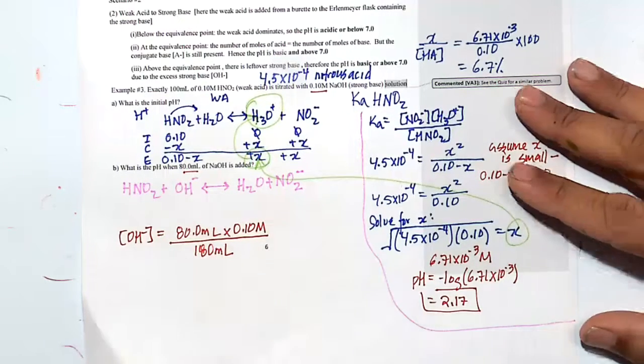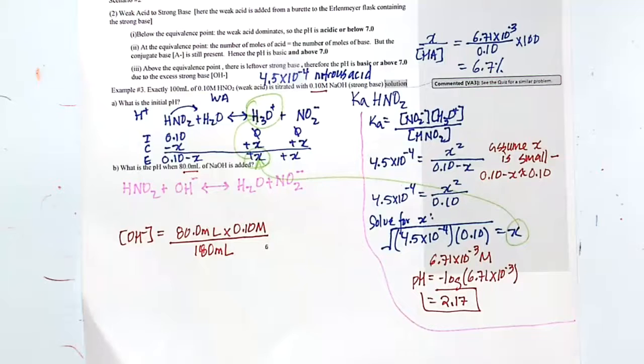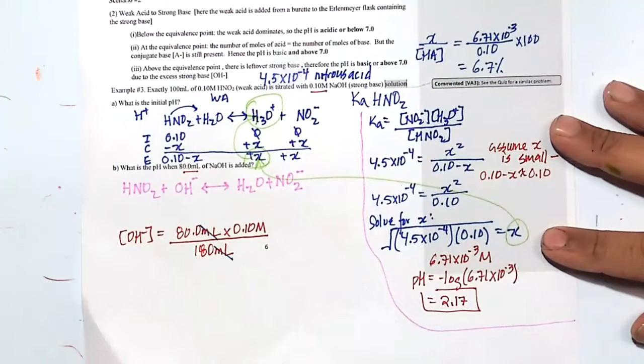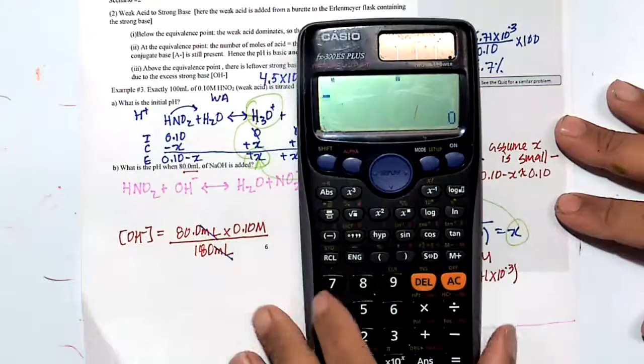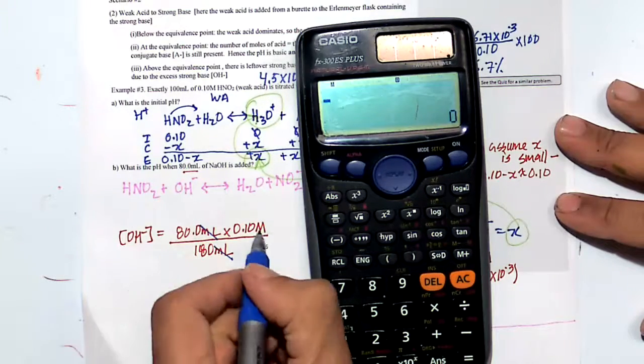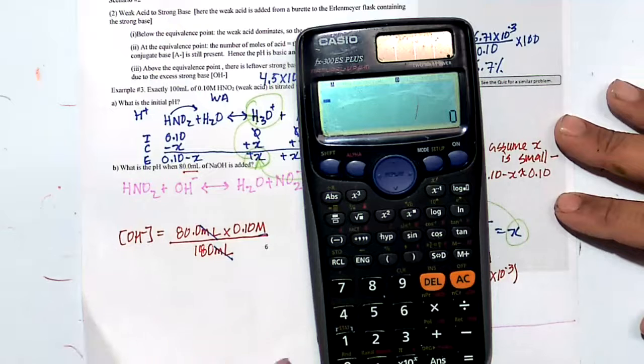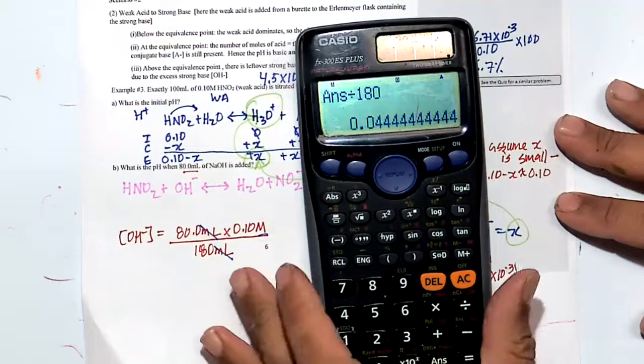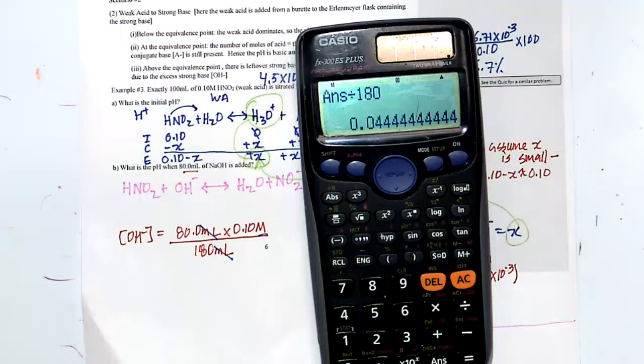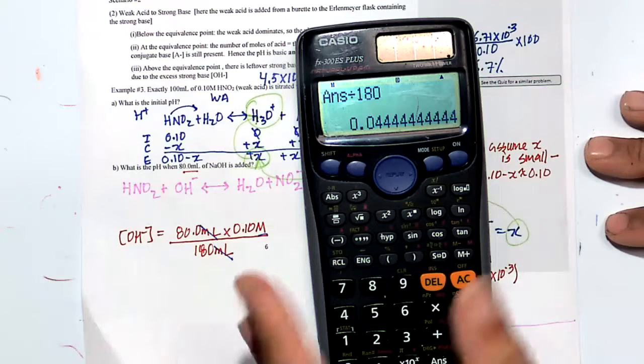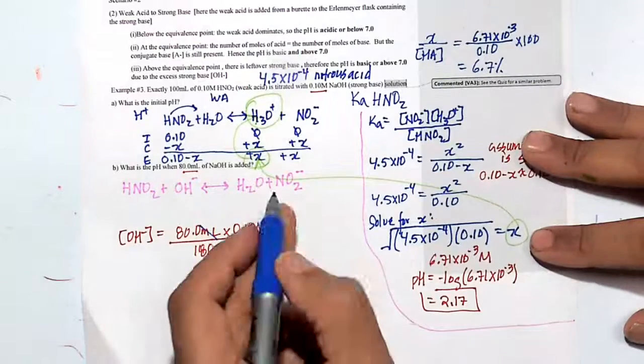Very good. Okay, so notice here, something very nice happens. The mils cancel. And so we're left with our final units of big M. So 80 times 0.10 divided by 180. The final concentration after you add the 80 milliliters is 0.0444 big M, moles over liter.